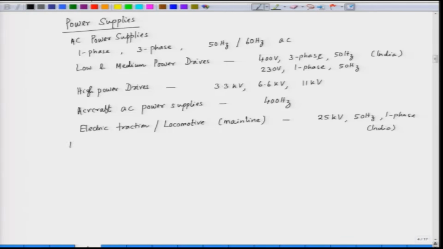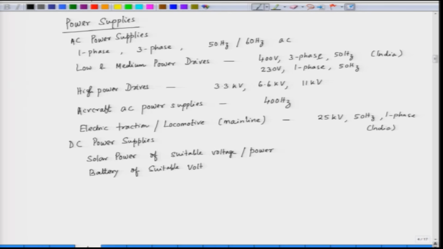So, for the DC power supplies, we can use the solar power of suitable voltage and power, or we can have battery of suitable voltage and ampere hour, these to meet the load requirement.